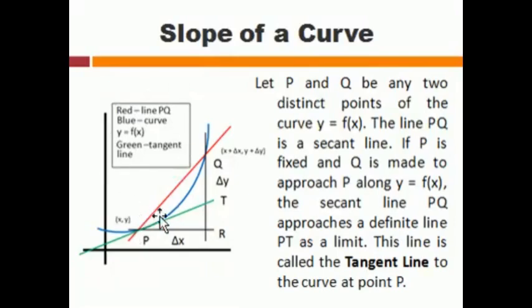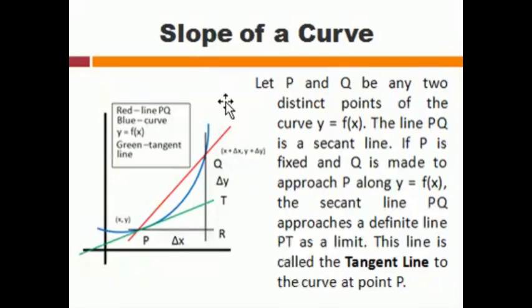Next, in this example, you have a graph with a red colored line, a blue colored curve y equal to f of x, and a green line, which is the tangent line.